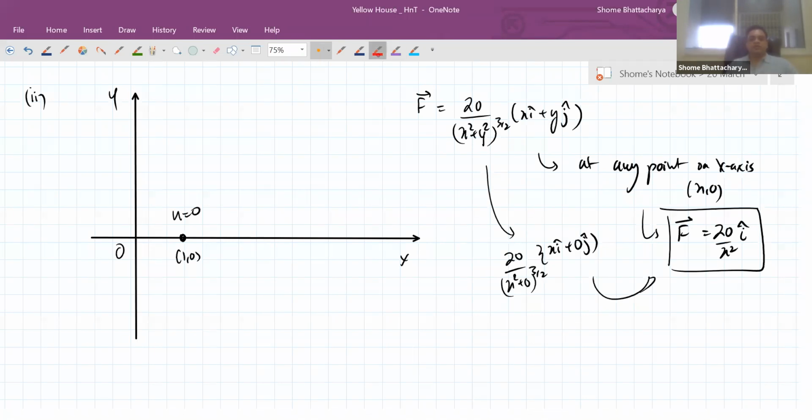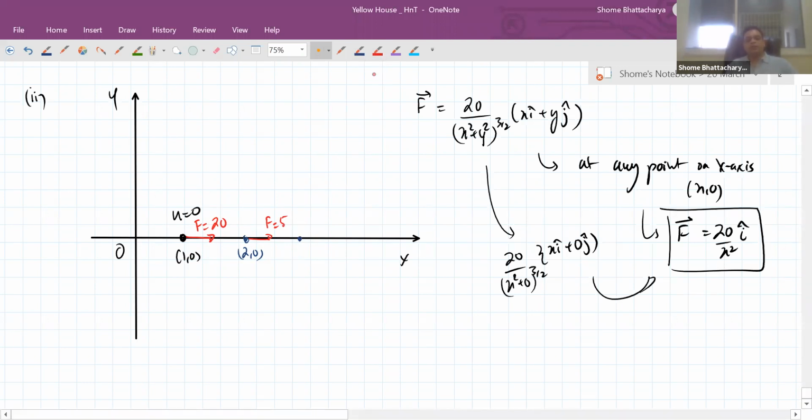Okay. So that means there is a force along the x-axis of 20 acting when it is at x equal to 1. So by the time it reaches x equal to 2, for example, the force would have decreased to 20 by 2 square, but along the x-axis, so that's 20 by 4 or 5 newtons, and like that the force will keep decreasing, but it will keep acting.